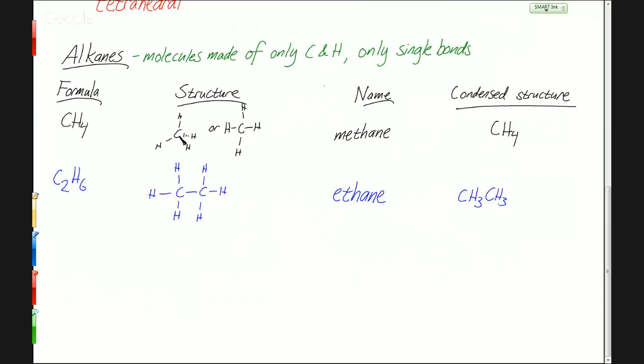So we're going to take those two carbons and collapse their hydrogens onto them, but write them next to each other. The reason for that is it gives us a little bit more information than just the molecular formula. The molecular formula only really tells you how many of each kind of atom there are. The condensed structure lets you know a little bit about how they're connected. And as this gets bigger, you'll see how this can help us.